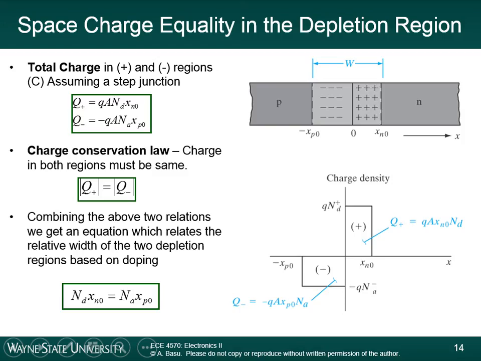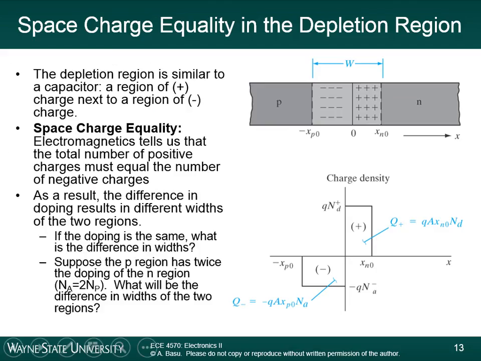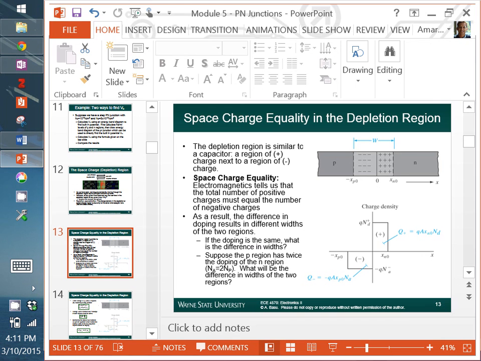So this is an inverse relationship. Whichever side has the higher doping will have the smaller width. For example, if the doping on the P region is twice the doping of the N region, so if Na is equal to 2Nd, sorry, this should be Nd here. Let me fix that real quick.